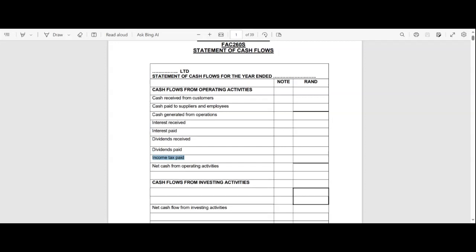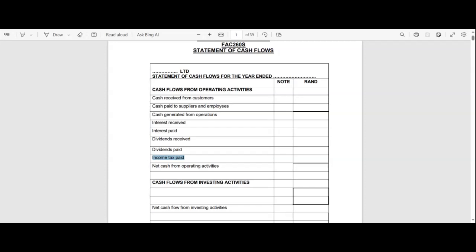But here, this is not what we are going to disclose. Here, we are going to disclose what we paid in terms of income tax, right? So that will be our first provisional tax payment for the year. That will be our second provisional tax payment for the year. There might have been a top-up payment relating to an underpayment from last year.